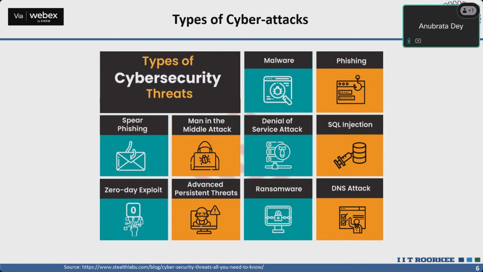These are the generalized types of attack which may or may not occur in our electric grid. Some of the attacks are specialized, and they may occur especially in a particular system or particular area.